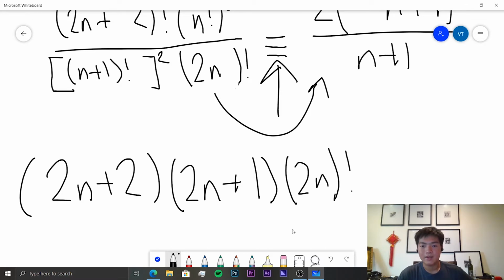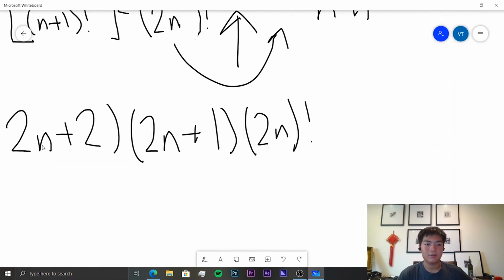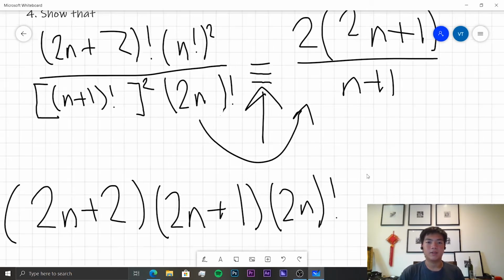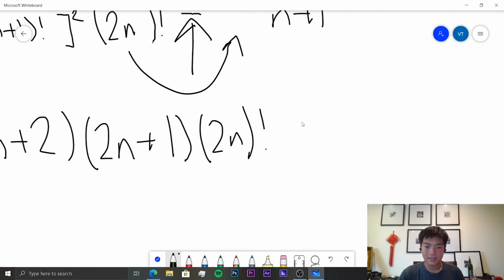And we can do that because (2n plus 2) factorial is equal to this, because it's like 2n plus 2 times 2n plus 1 times 2n factorial, which is the product of all the numbers from 2n to 1. And then we have n factorial squared, which we can actually leave as n factorial squared for now.